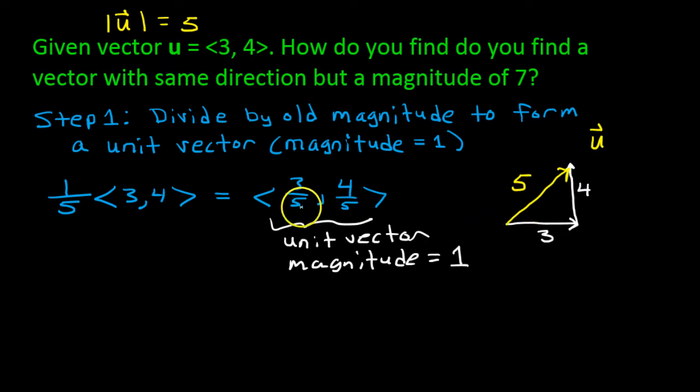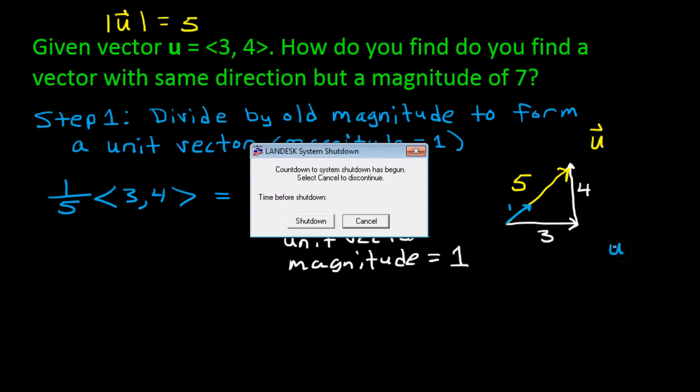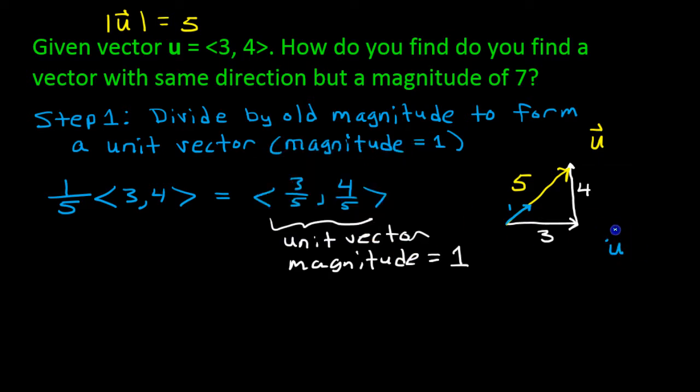What we've just done, if I draw this new vector, is create a vector in the same direction that has a magnitude of 1, a little tiny vector in the exact same direction. Fun fact, a vector in the same direction as u, except with a magnitude of 1, is written by putting a little hat over the U. The hat means it's a unit vector with magnitude 1. Okay, that's it for step 1.